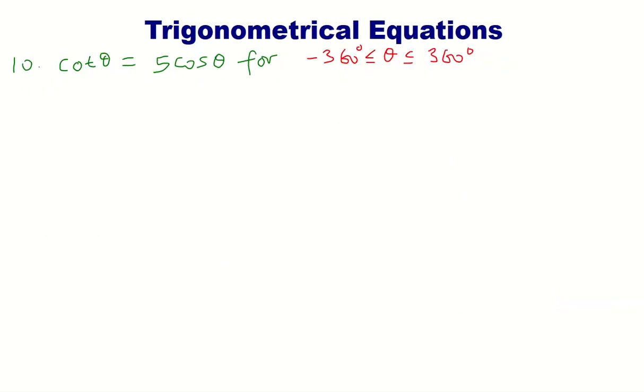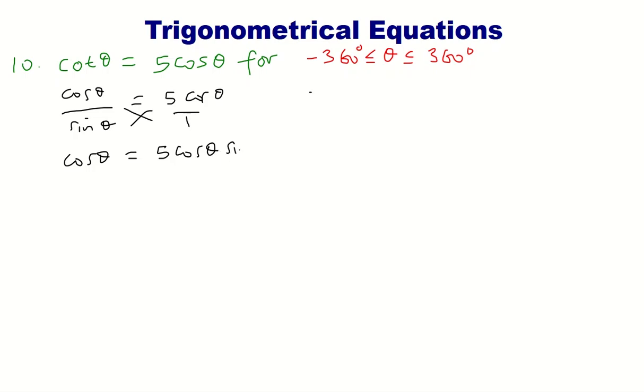And lastly, we have cot theta equals 5 cos theta, for values of theta between negative 360 and 360. The next step here is to convert this cot into cos theta over sin theta, and this is equal to 5 cos theta. If we cross multiply, we have cos theta equals 5 cos theta sin theta.